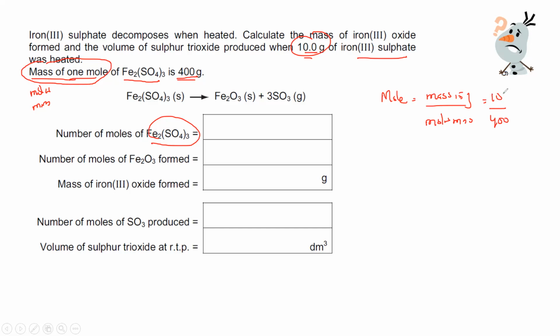Is it clear, the first part? We don't have to find the molar mass from a periodic table in this example as it is given in the question. So this will give us 0.025 moles.